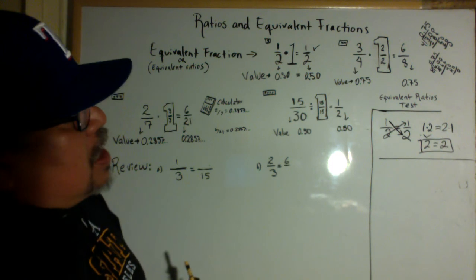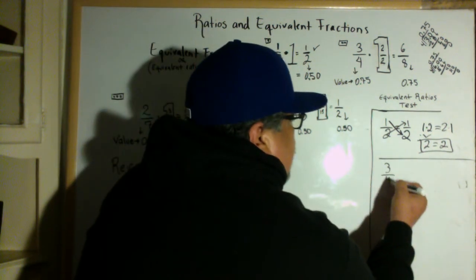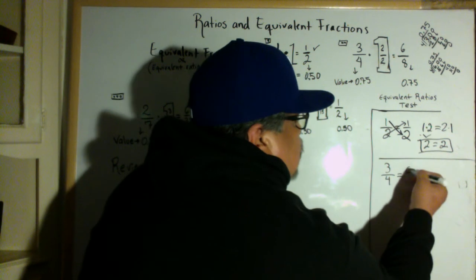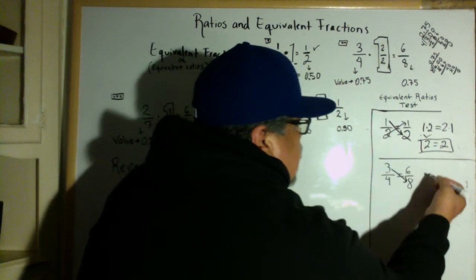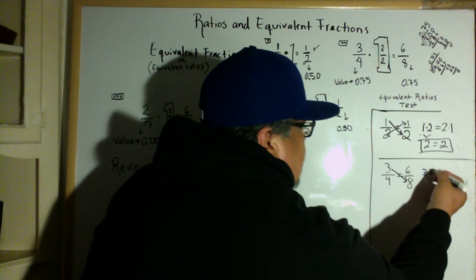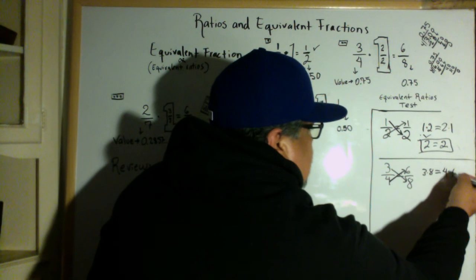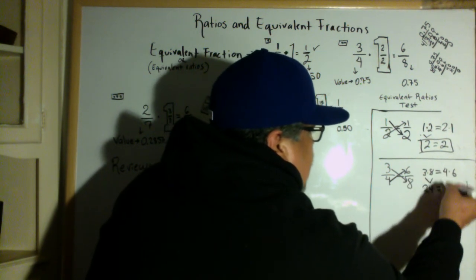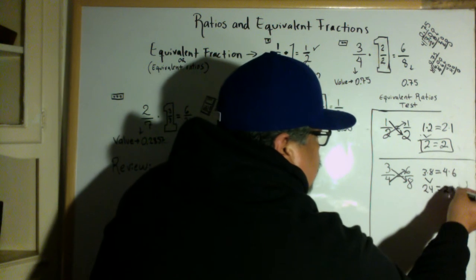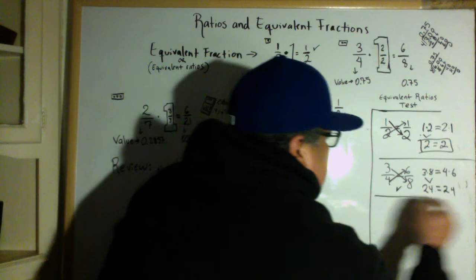Let's test example number 2. 3 over 4, we said, is equal to 6 over 8. That is true. This is 3 times 8 equals 4 times 6. 3 times 8 equals 24, and 4 times 6 also equals 24. So they are equivalent fractions, right?